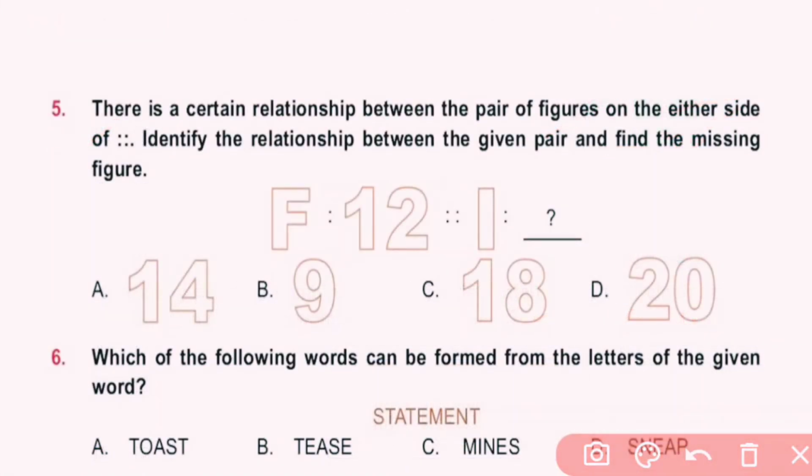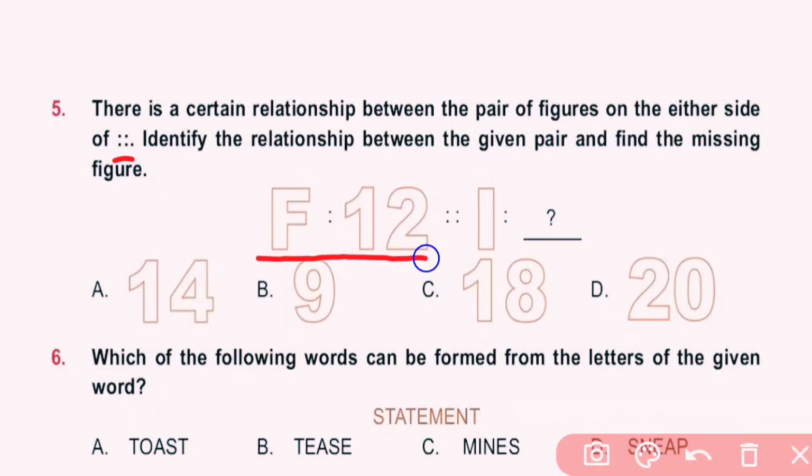Question number 5. There is a certain relationship between the pair of figure on either side of this. Identify the relationship between the given pair and find the missing figure. Now on this side, F as to 12.